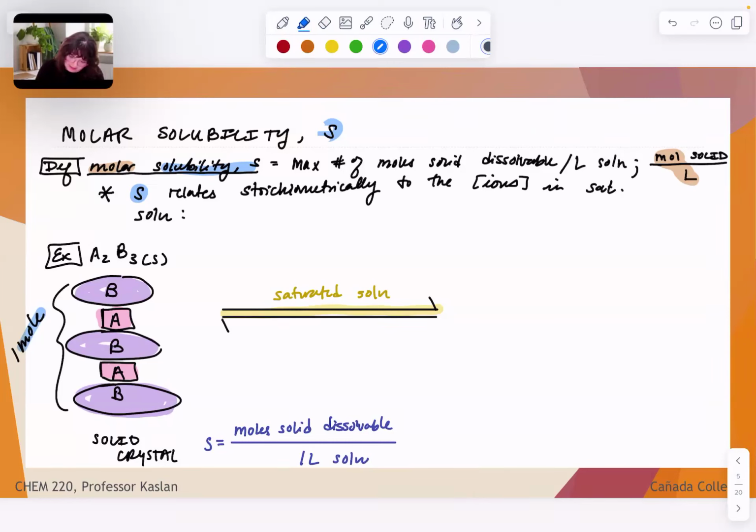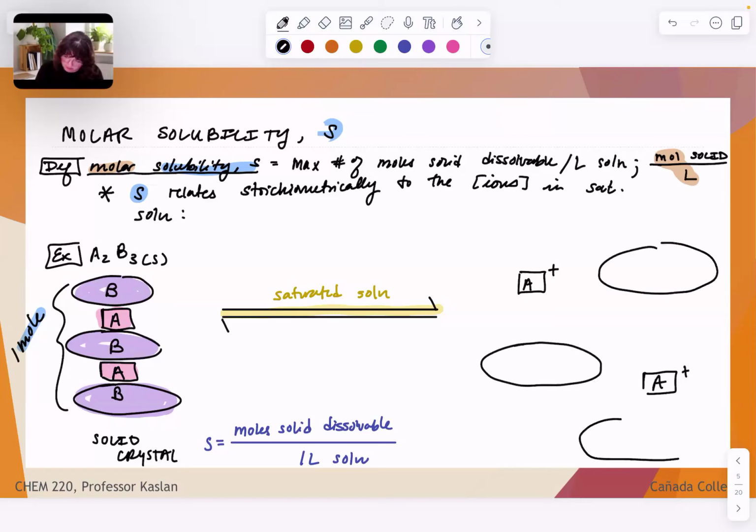When I take this singular unit of crystal here, A2B3, and I dissociate it in solution, I create two A3+ ions and three B2- ions in solution.